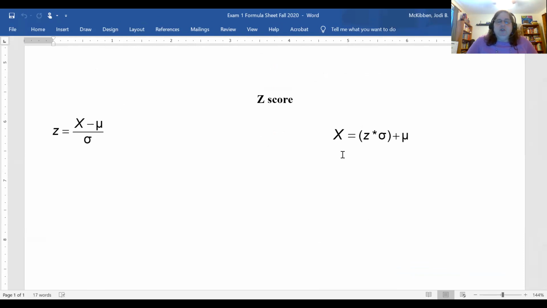Next, you have to multiply your Z by your standard deviation and then add your mu. So multiply Z by your sigma, or standard deviation, and then add your population mean. Okay. So let's switch back to the data so we can look at this.